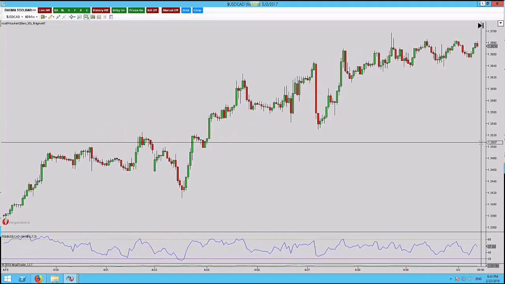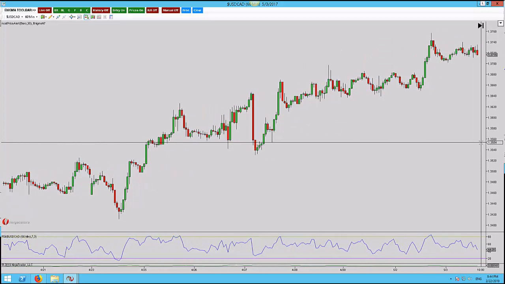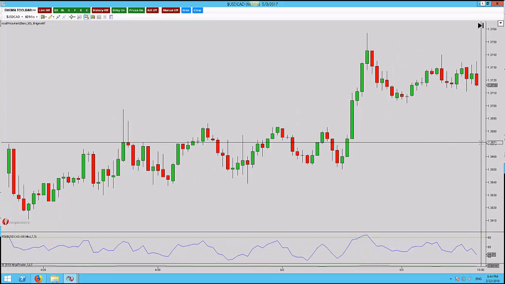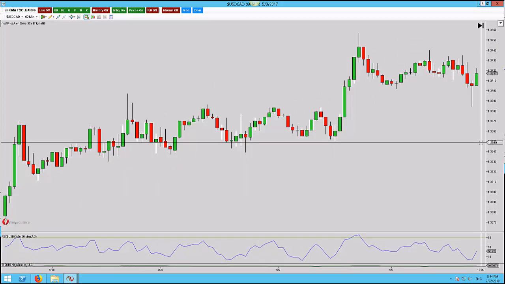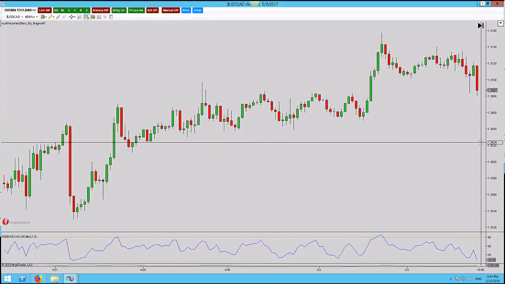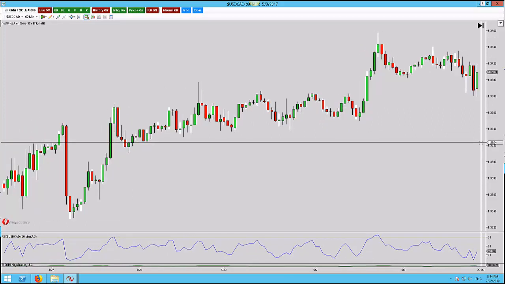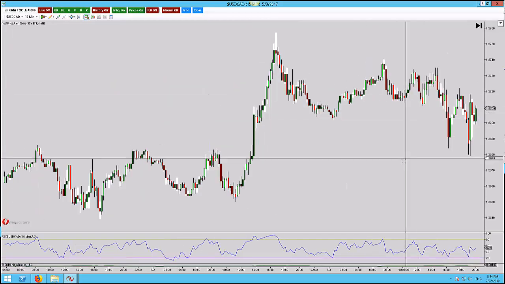Still going higher on the dailies. Just going to bring over the 15. May have a flag pattern here.